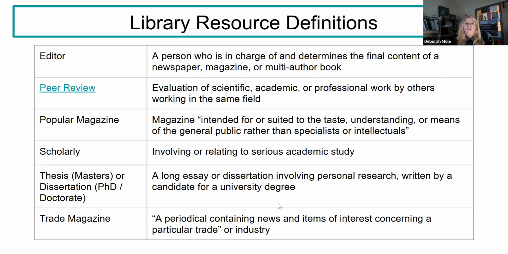Finally, I want to just remind you that there are terms used in the library research world that you may or may not be familiar with. One is an editor, a person who's in charge of and determines the final content of a newspaper, magazine, or multi-author book. There's peer review, which has a definition here. There's the popular magazine like Time, Newsweek, scholarly journals, which are more academic, thesis, which we talked about, and dissertation, and then the trade magazine, which is like a popular magazine for industries.